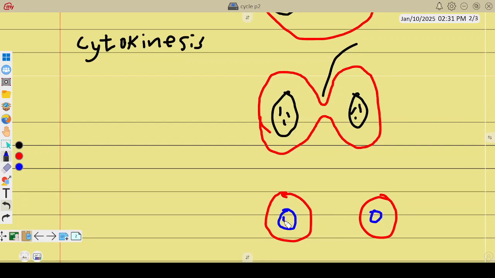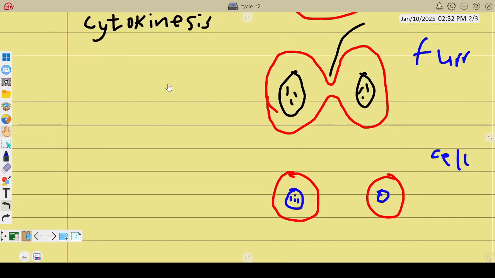There are 4 chromosomes. So these cells can undergo mitosis as well. They'll undergo prophase so that again they'll divide further. So this is what happens. A cleavage furrow forms, and in plant cells, while this is in animals, a cell plate is formed.